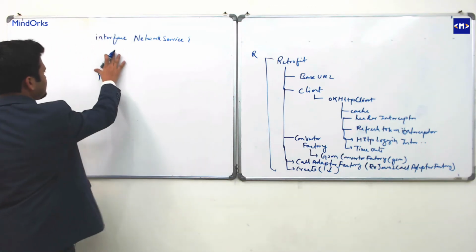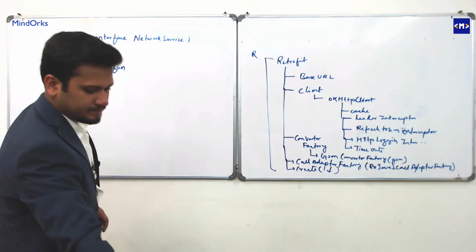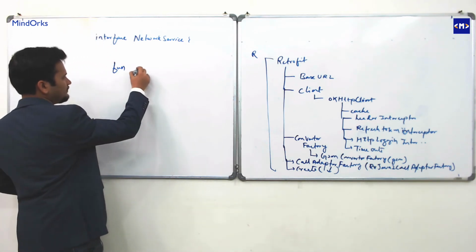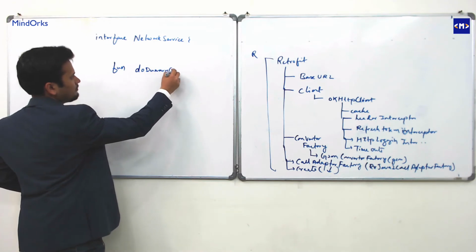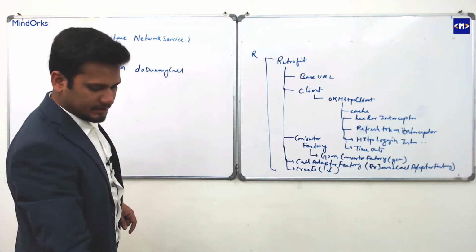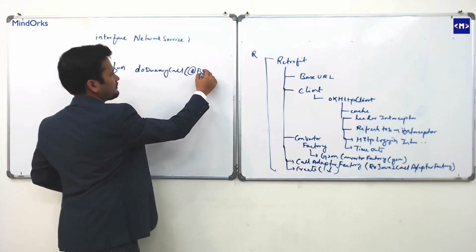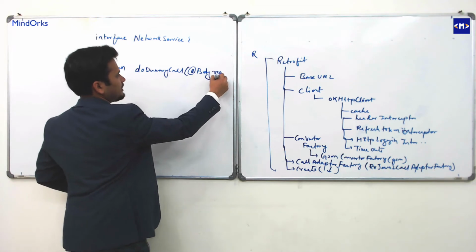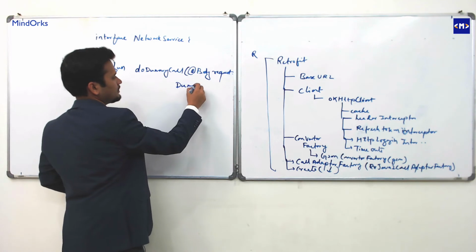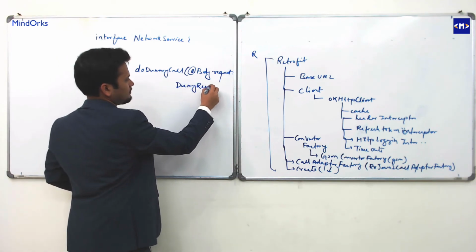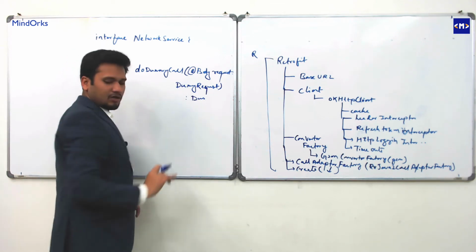For example, I have a function named anything, like doDummyCall. In that method I have written @Body, with variable name request, and the type is DummyRequest, and it returns a Single of DummyResponse.